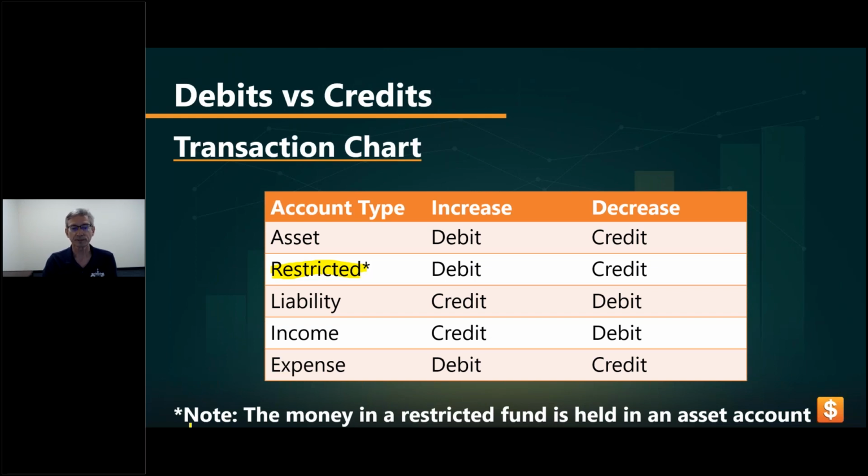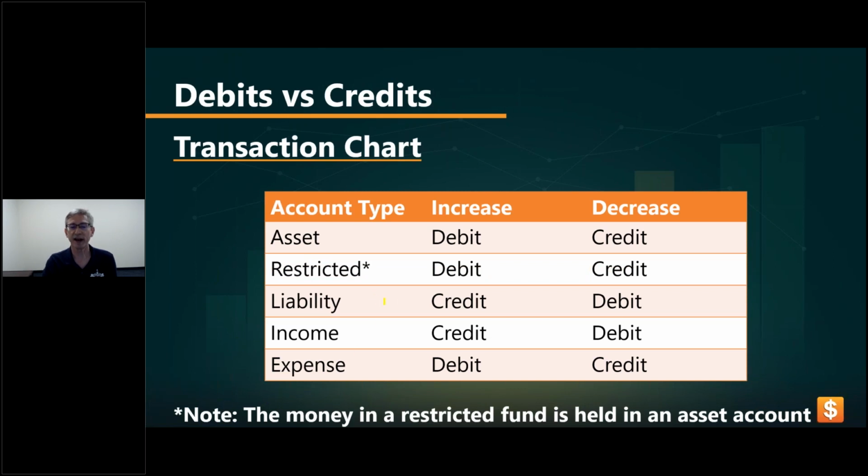So if you have, let's say, a bank account with $50,000 in it and $1,000 of that is restricted for the organ repair, then you would have a sub-account of that bank account called organ repair, and it's considered an asset as well. So the debits and credits are applied the same way, increasing and decreasing the amount, just as a regular asset would be.